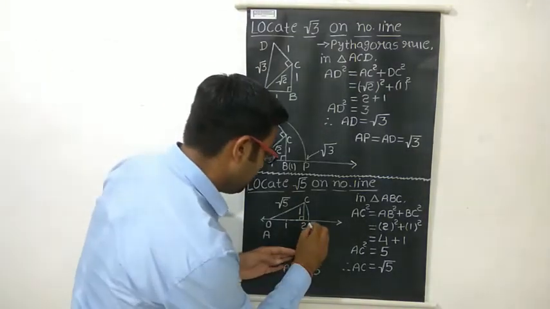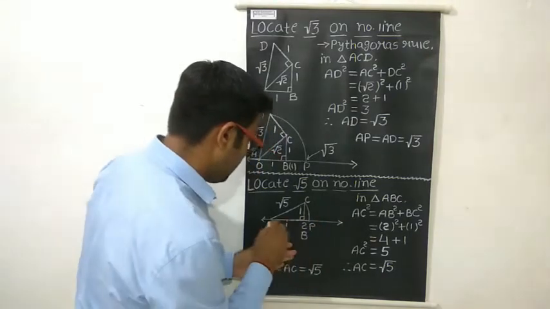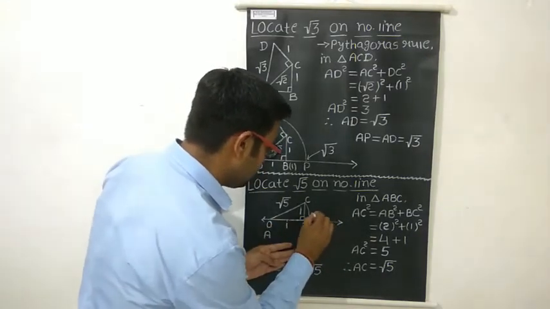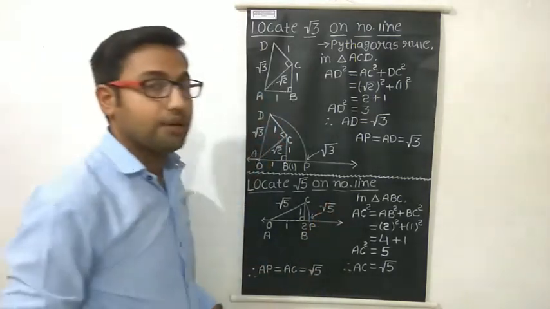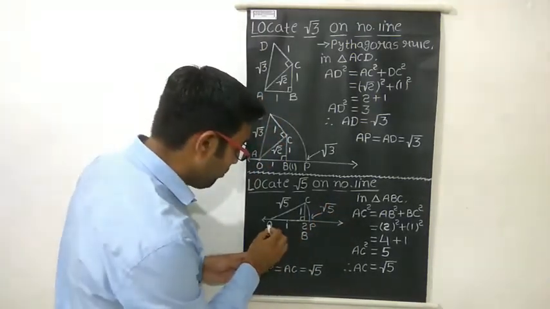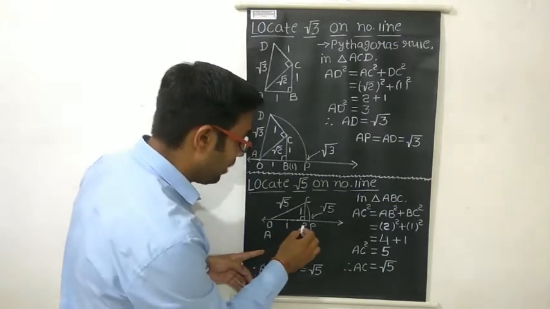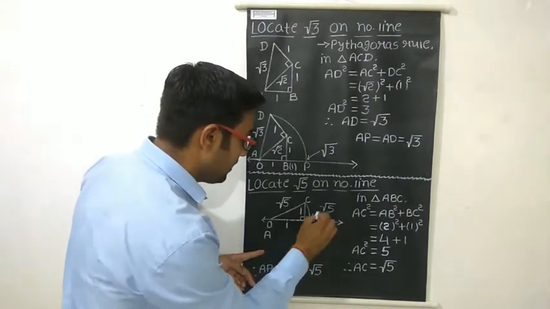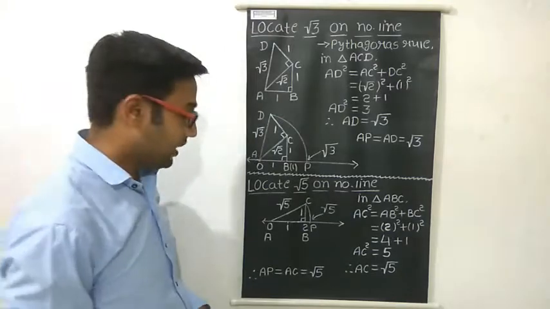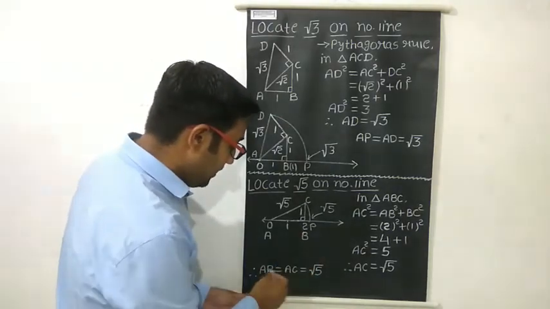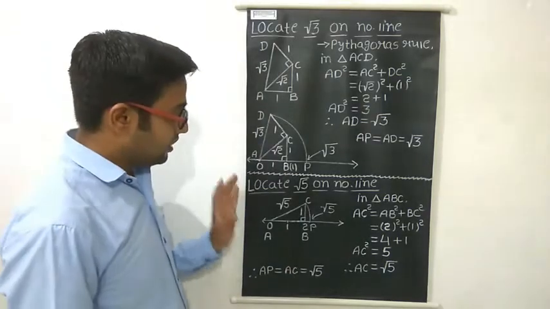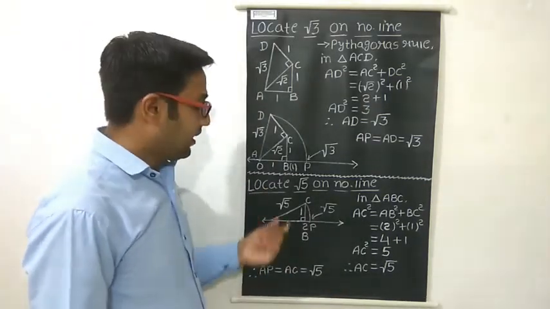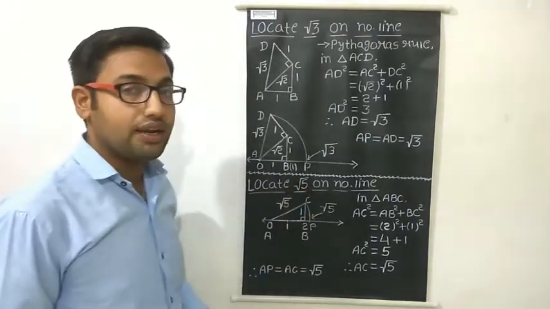Suppose this is a point P, then the distance AP represents root 5 on the number line. See, this is our 0, this is 1, this is 2, and after 2 we will get root 5, right? So AP is equal to AC is equal to root 5. In this way also we can represent root 5 on the number line.